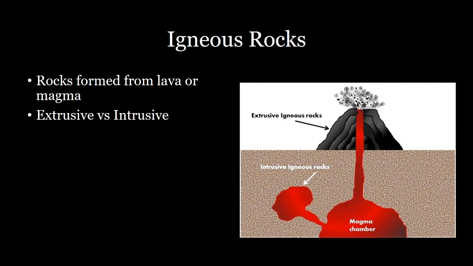There's extrusive igneous rocks, which are rocks that form at the surface of the earth. They've been extruded to the surface. And then there's intrusive igneous rocks, and these are rocks that cooled more slowly within the Earth's crust and never actually erupted out to the surface.